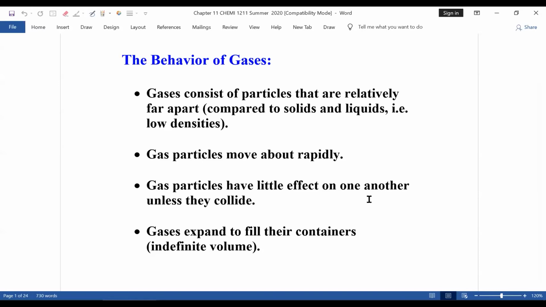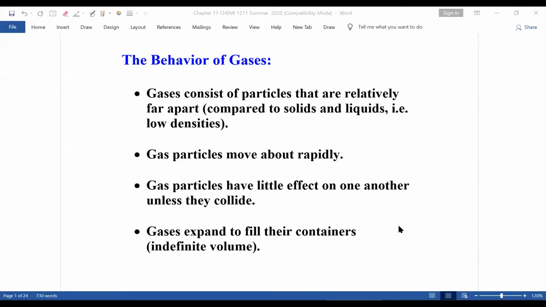And those particles or molecules are fairly far apart. In solids to liquids, they're closer together. Now, gas molecules are moving around very rapidly, and the particles have little effect on each other. They're sort of like running around independently until they collide. And then they're sort of like billiard balls.